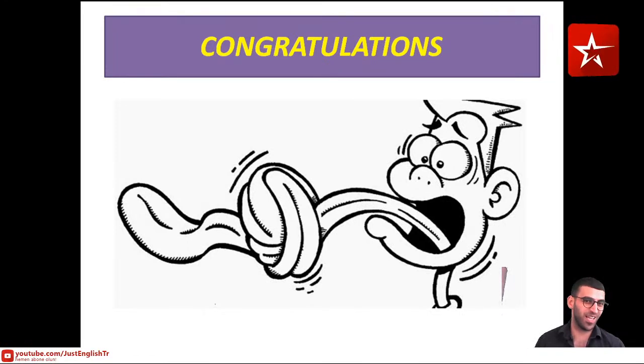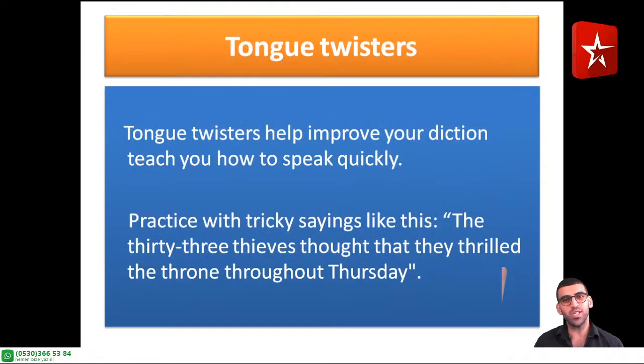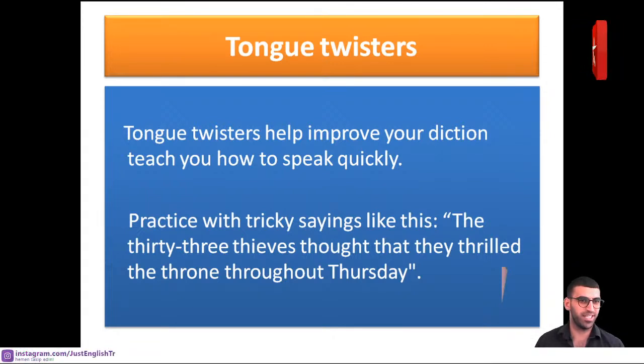Congratulations. So tongue twisters help improve your diction. Diction teaches you how to speak quickly. I know the students, they speak like a tortoise, you know. They speak slowly and slowly.